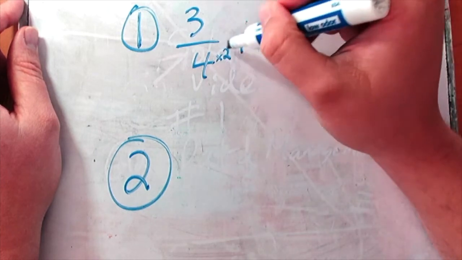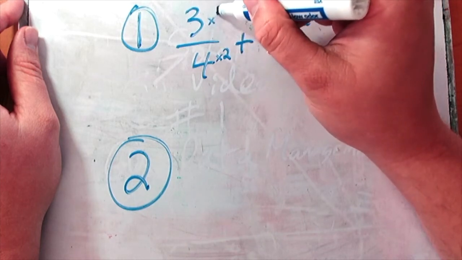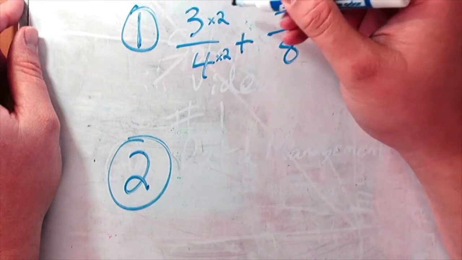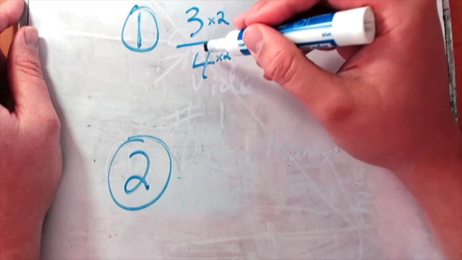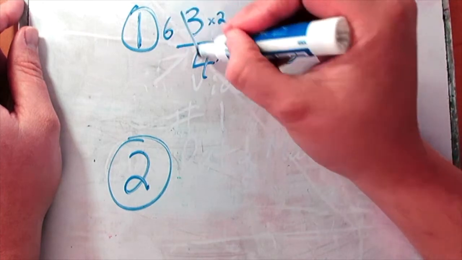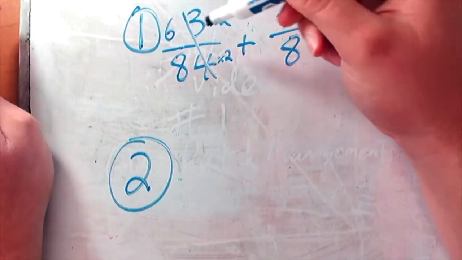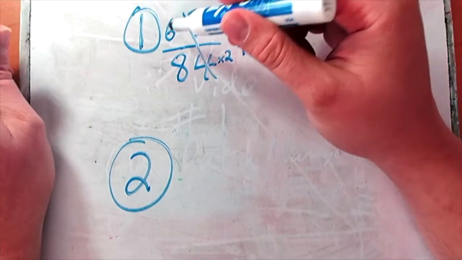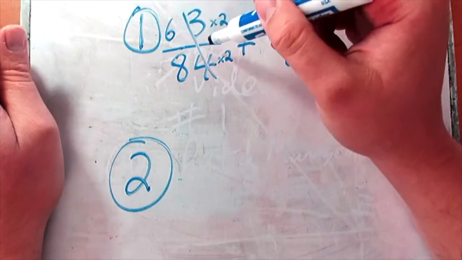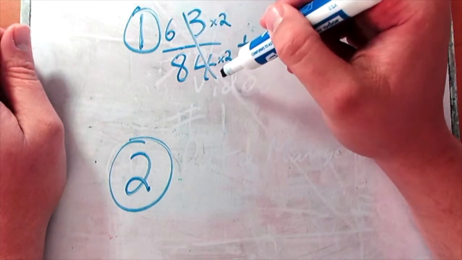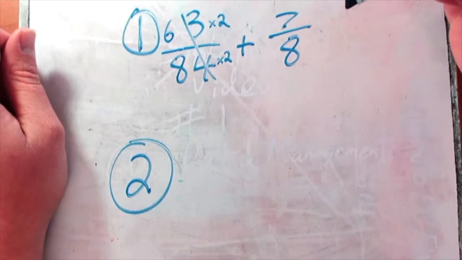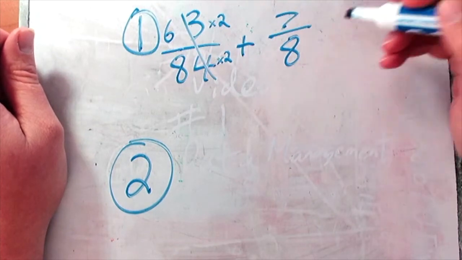And then if we do that to the bottom, we have to do that to the top. So suddenly, 3 over 4 becomes 6 over 8. If you double the top and the bottom, you get 6 over 8. That is the same fraction. So we have replaced that with 6 over 8 plus 7 over 8.